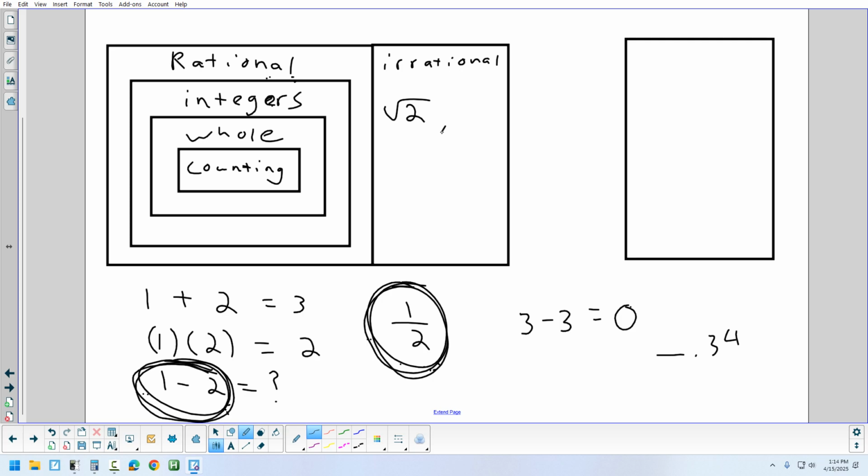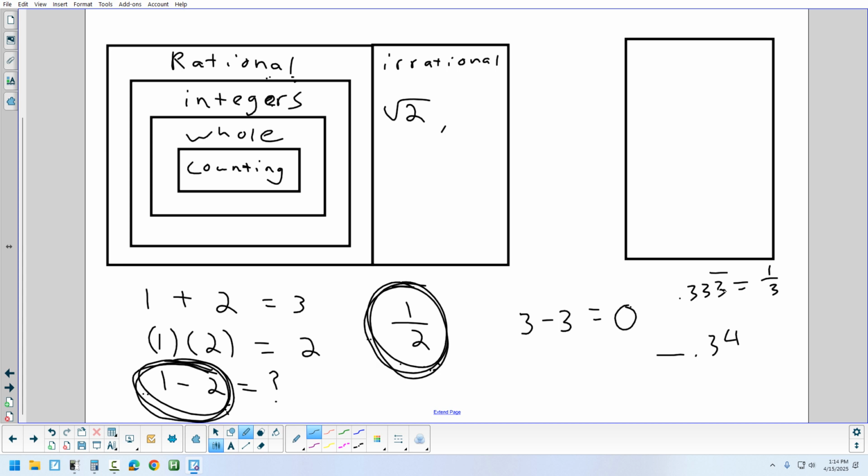Another really popular number, never ending, that you can't write as a fraction: 3.14. Repeating. Well, a repeating decimal is okay because you can write that as a fraction, like 1/3. So if a decimal repeats forever, you can write it as a fraction. Pi.